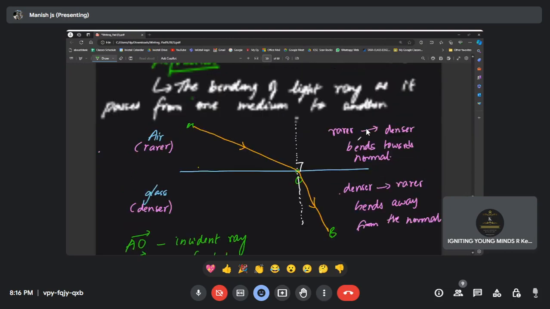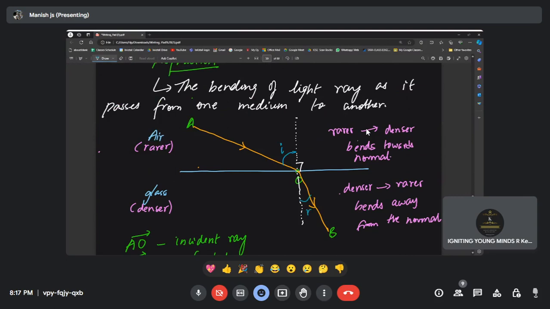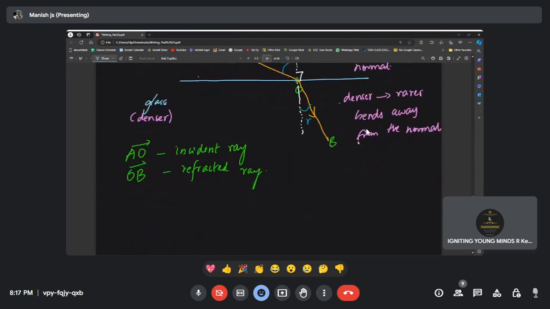And what about the angle made by the incident ray and the normal? What do we call it? We call it the angle of incidence. Similarly, the angle made by the refracted ray and the normal, we call it the angle of refraction. So we have both the angle of incidence and the angle of refraction here.